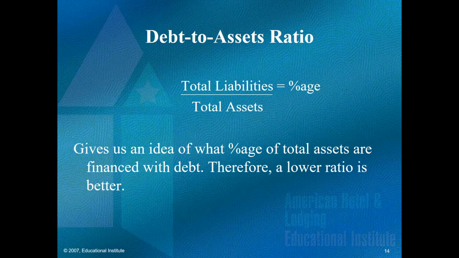And the highest that this ratio can go is 100%, which would basically mean that for every dollar we have in assets, 100% is financed through liabilities. That would be very, very bad. Any questions on that one?